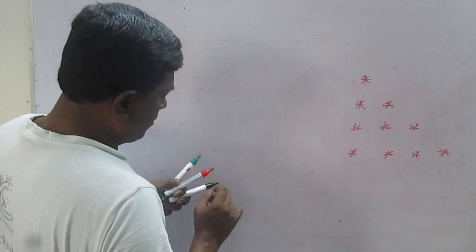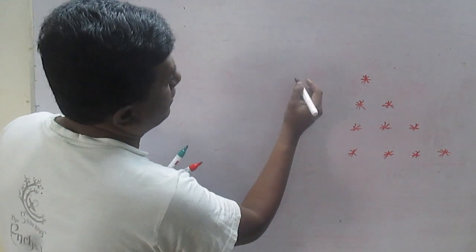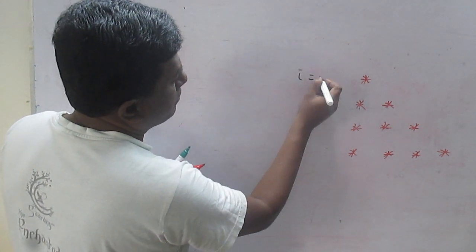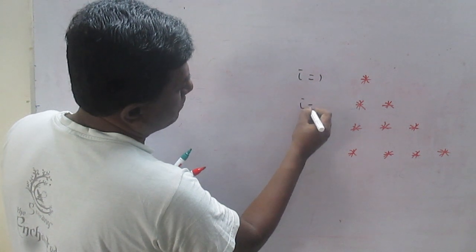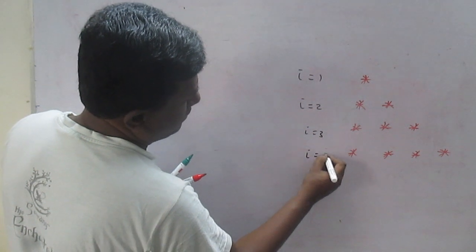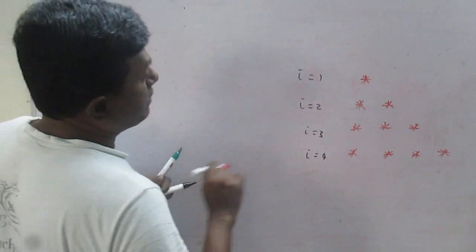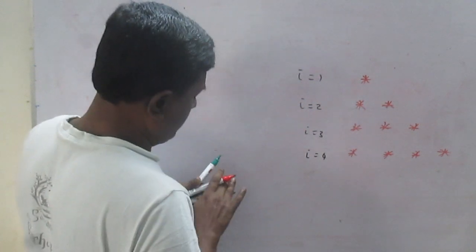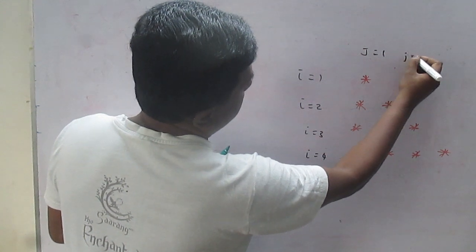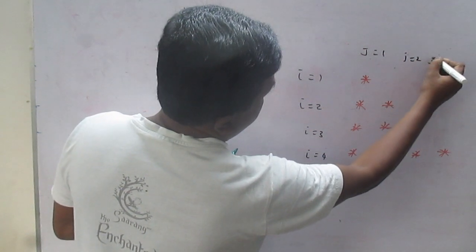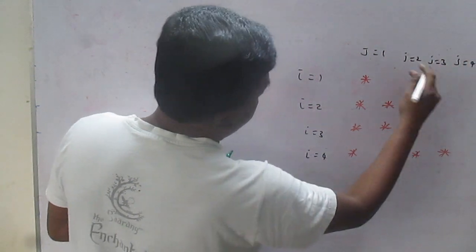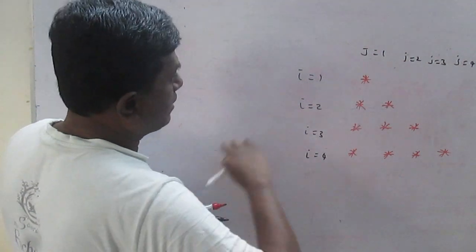Rows can be represented as i, that means we take i equal to 1, i is 1, i is 2, i is 3, and i is 4. Whereas vertically, this is j equal to 1, j equal to 2, j equal to 3, and j equal to 4.